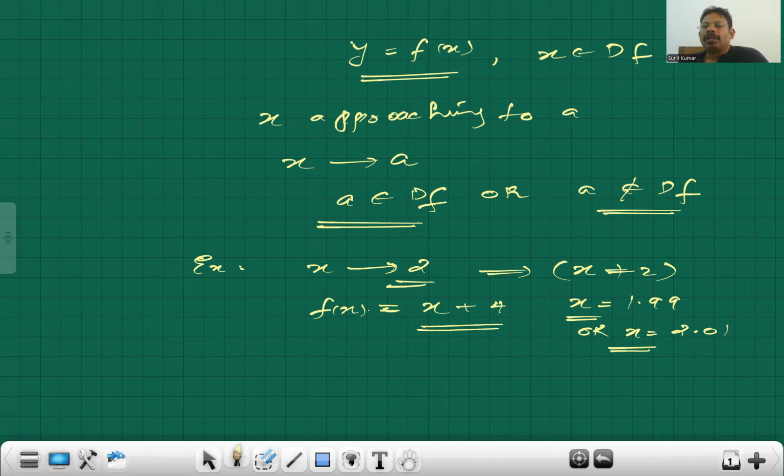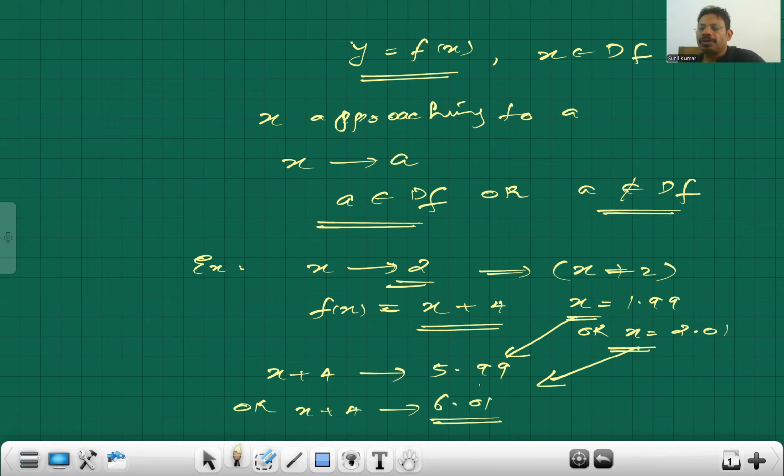Now, what is happening? x is approaching 2. x plus 4 is approaching to what? You can see that there are two cases coming: either 5.99, or 6.01. 5.99 means whenever we are taking x equal to 1.99, and if x takes 2.01, then it becomes 6.01. So 5.99 or 6.01.